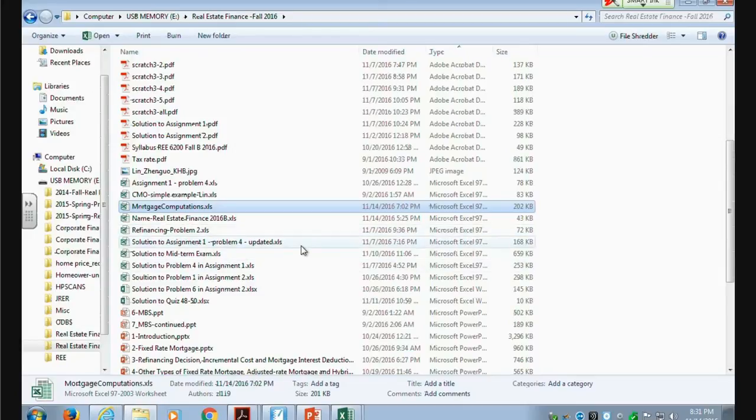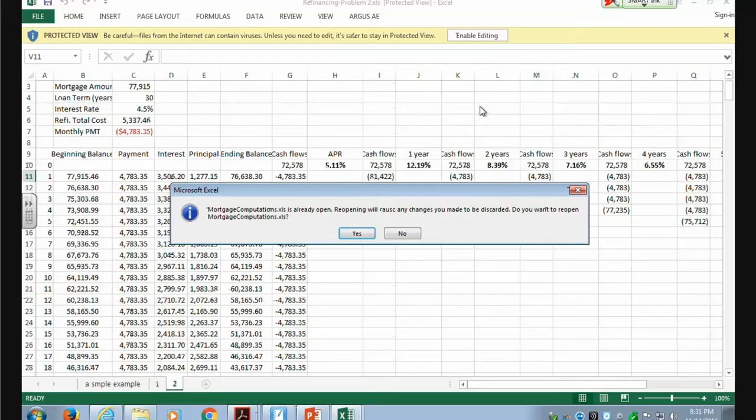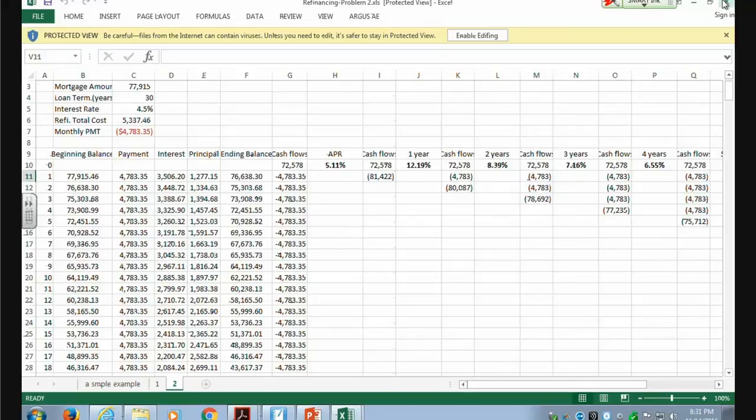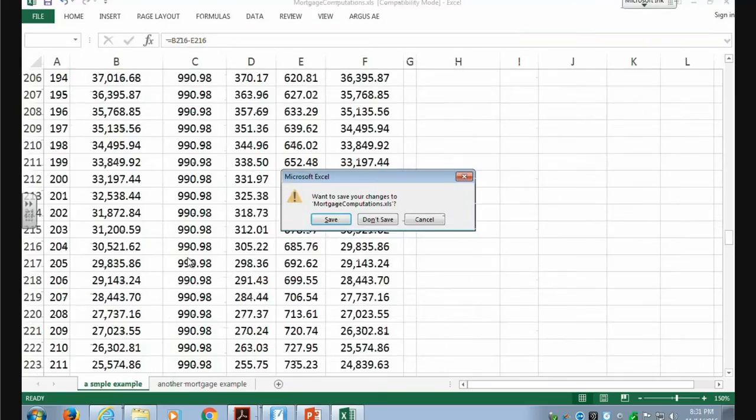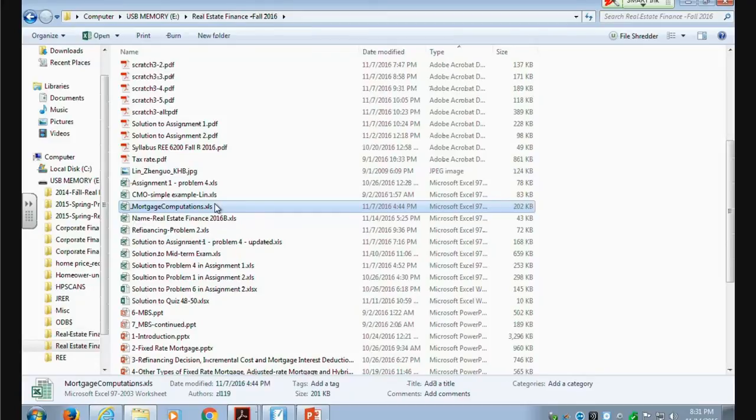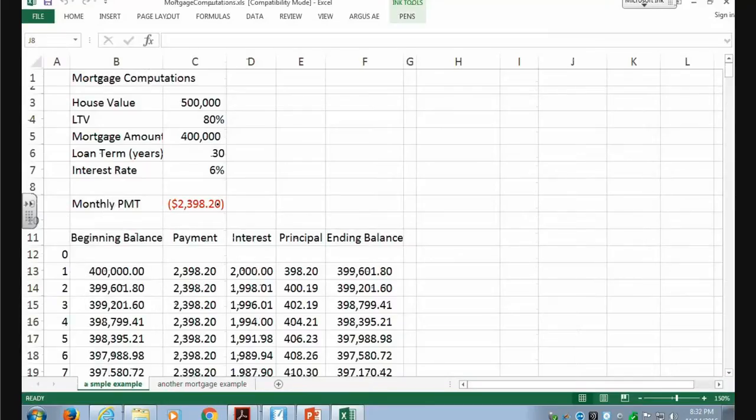So now I will create a new one. Look, this Excel I already posted on our course website, so I just want to change the numbers, then I will post it on our course website.